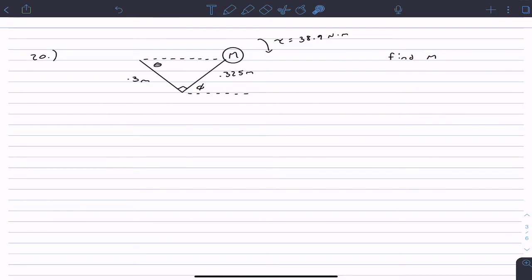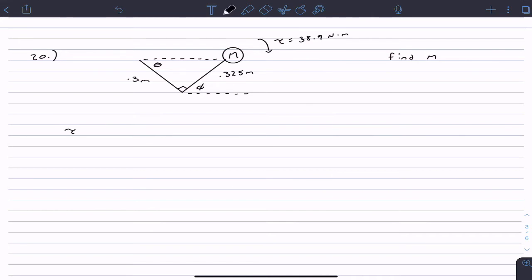So that looks something like this, where this is the bicep, this is the elbow, and then this is the dumbbell that he's holding. We want to figure out what the mass of the dumbbell is. And we can do that by setting up a torque equation. We're told what the torque is.